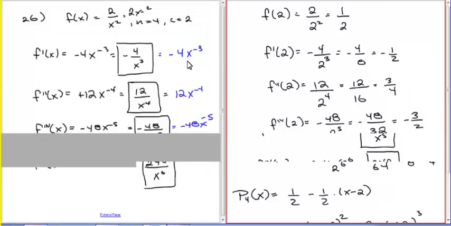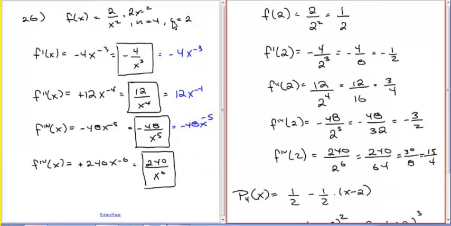Then we're going to evaluate these at the midpoint or the center, which is 2. So we just plug in 2 into each one of these expressions. So we'll get 2 over 2 squared, which can be reduced to a half. Here we'll get negative 4 over 8, which is negative 1/2. 12 over 2 to the fourth, which is 12 over 16, which can be reduced to 3/4.